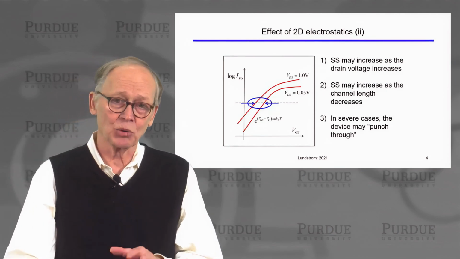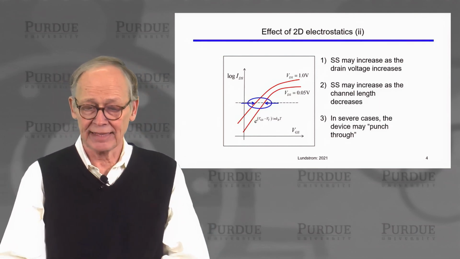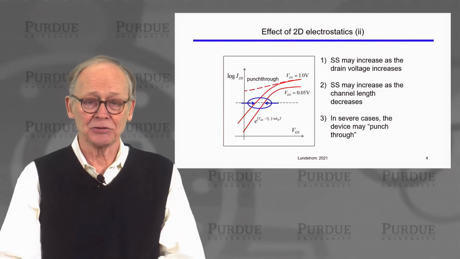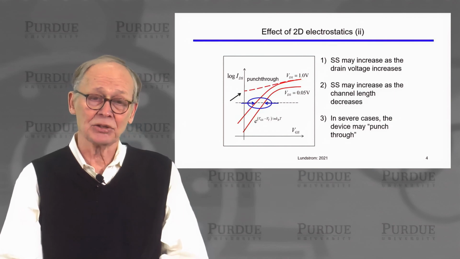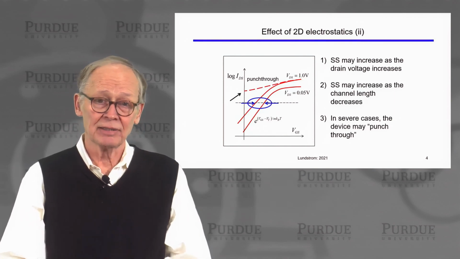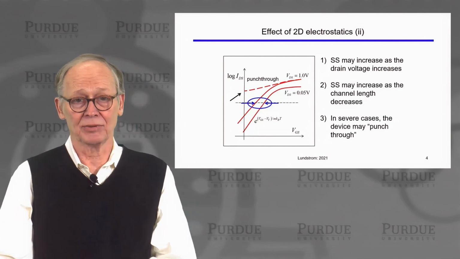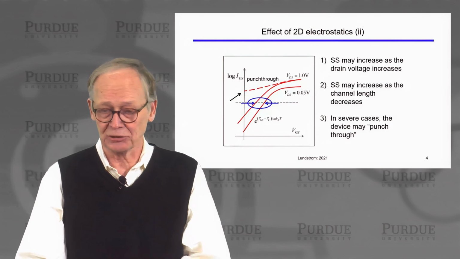So that's a more severe effect of 2-dimensional electrostatics. An even more severe effect can happen if the device punches through. In a case like this, you can see that there is current flowing, above threshold current flowing, even before we apply a gate voltage. So the transistor is not very useful at that point. We say that it's punched through.